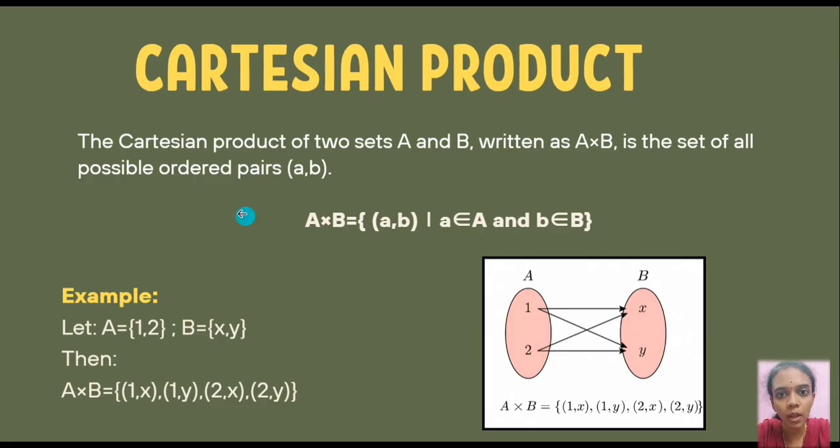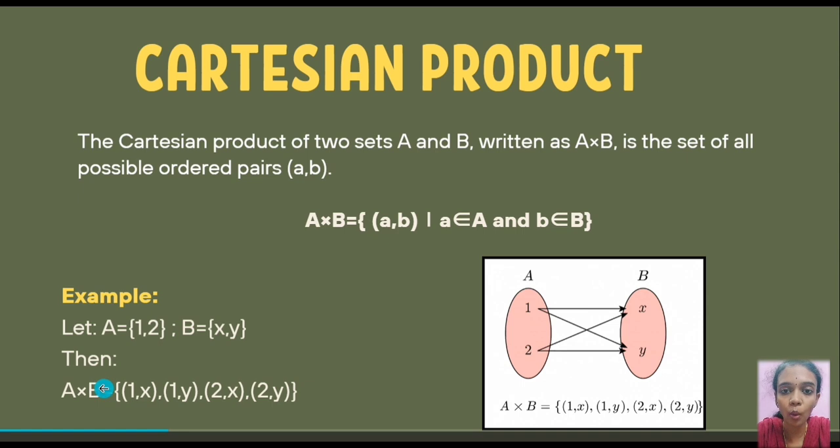Next, let's look at something called the Cartesian product. It is a way to combine two sets and form all possible ordered pairs using one element from each set. We write it as A cross B, which means take one element from set A and pair it with one element from set B. Here is an example. Let's say set A equals 1, 2 and set B equals x, y.